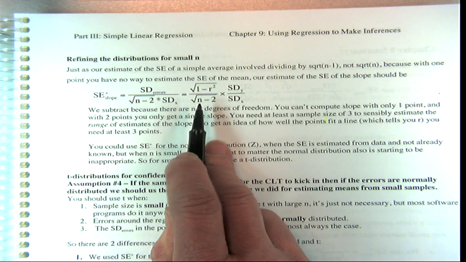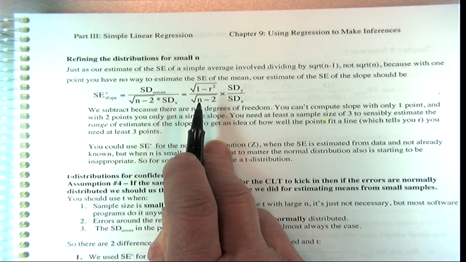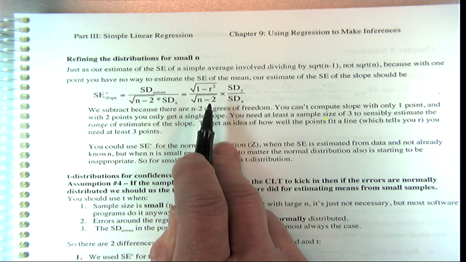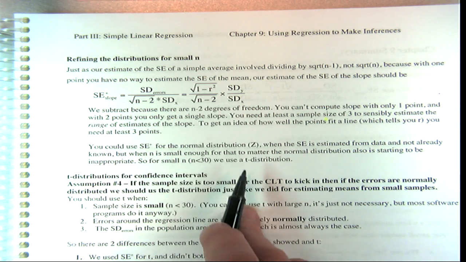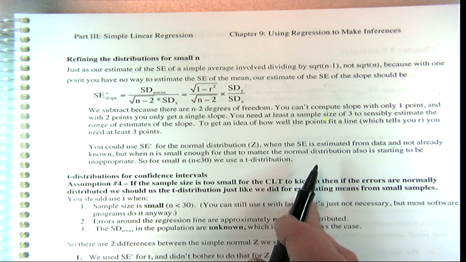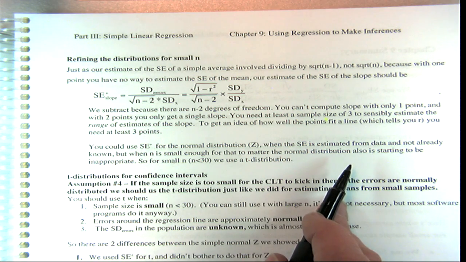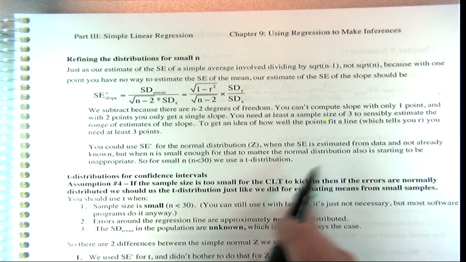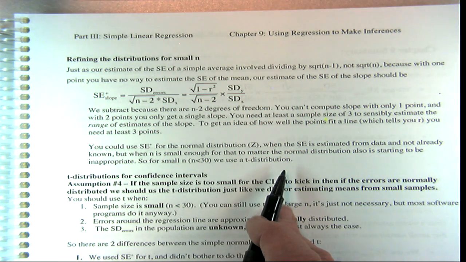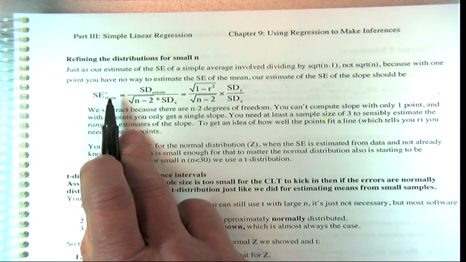When n is big, it doesn't make much of a difference. So when n is small enough for that to matter, the normal distribution is already starting to be inappropriate. So generally speaking, you use the t-distribution with the adjusted standard error.